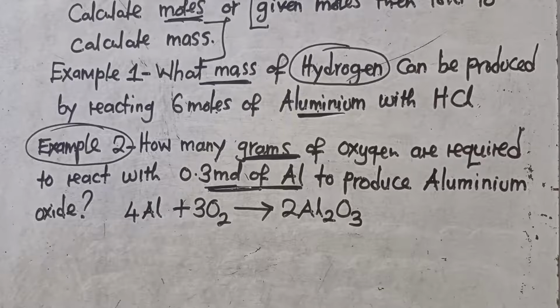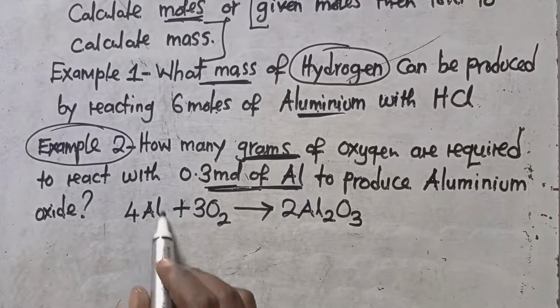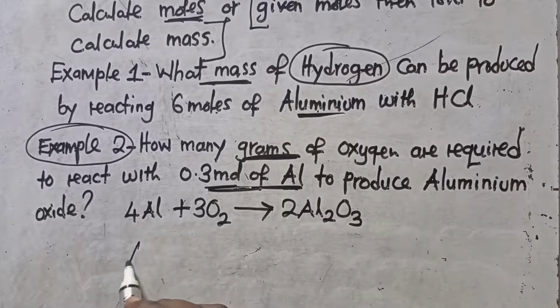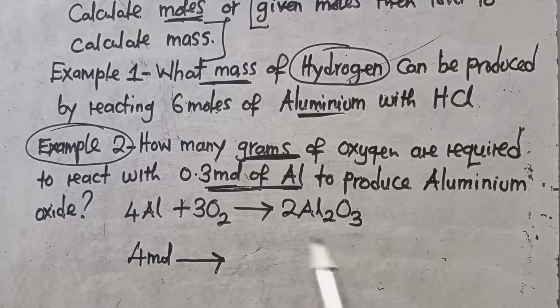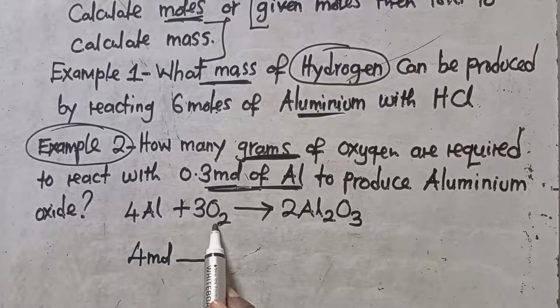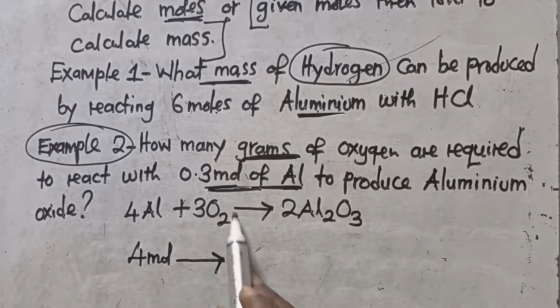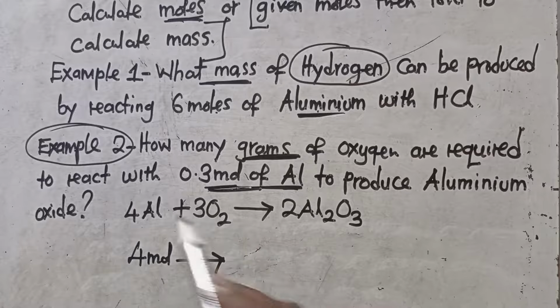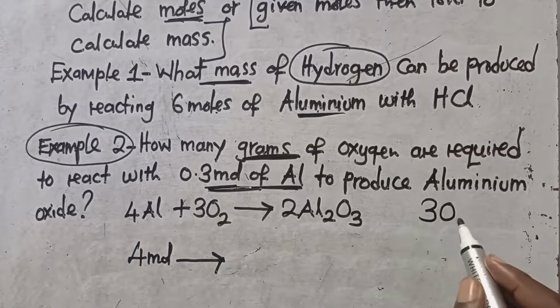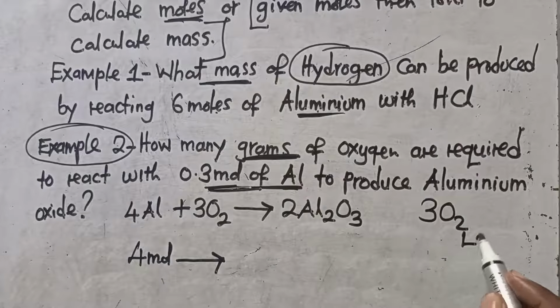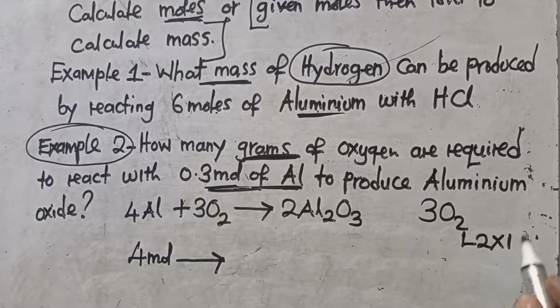I just need to say, okay, aluminium I'm given here. So I will say 4 moles of aluminium. I equate to what now? I'm told oxygen. Oxygen is here. The grams now. So I'll say 2 times 16.